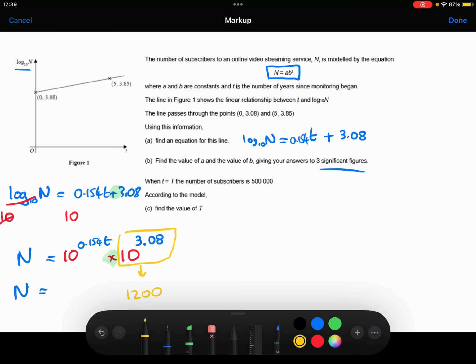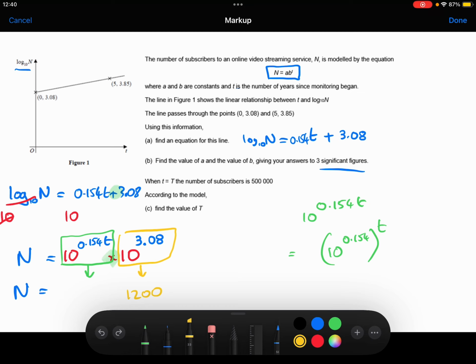Next, I'm going to think about this 10 to the power of 0.154t. Now I can think of that as being 10 to the power of 0.154 all to the power t. Because I know if I were to multiply these powers together, I'd get this.